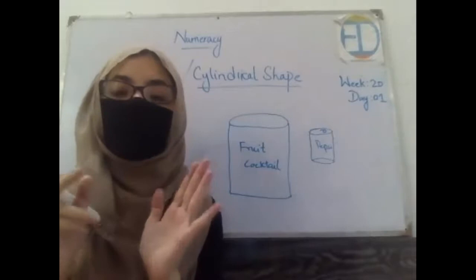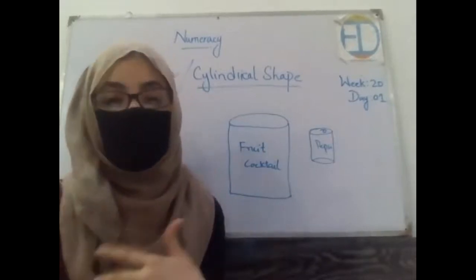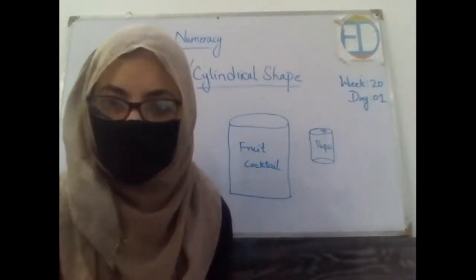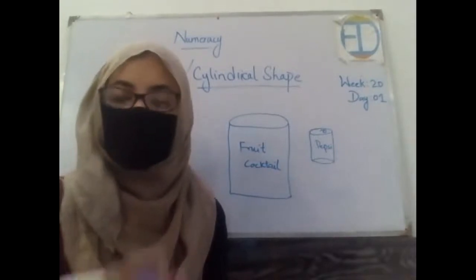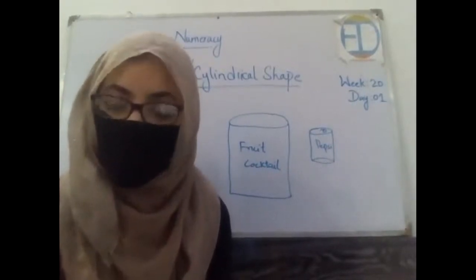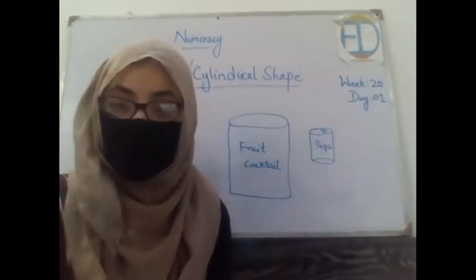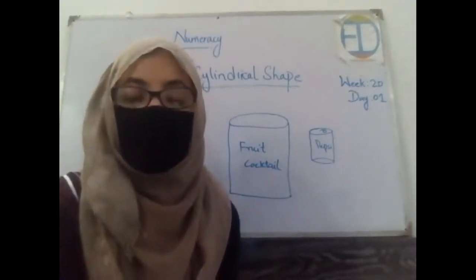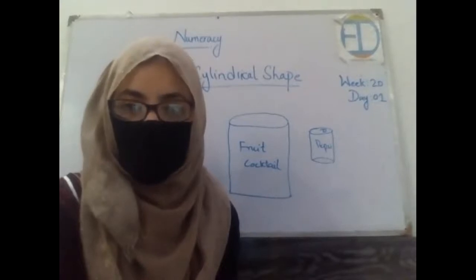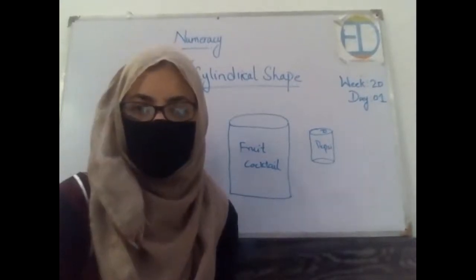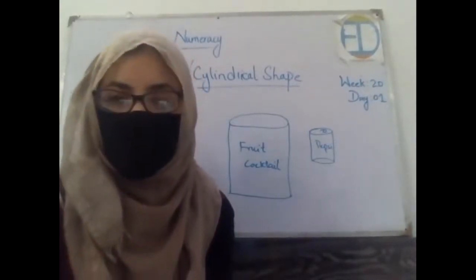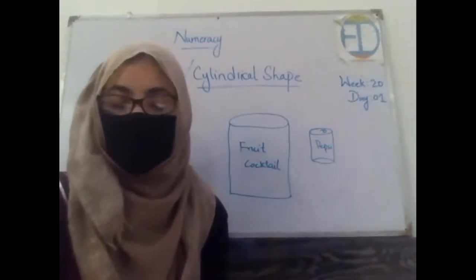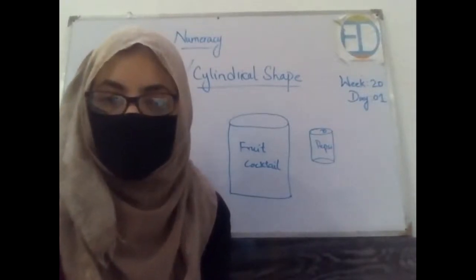So tell me, what was the topic we were discussing in the last week? Excellent, it is the unit related to shapes. We are basically discussing the different geometrical shapes that we have, right? And how many shapes we have discussed so far?